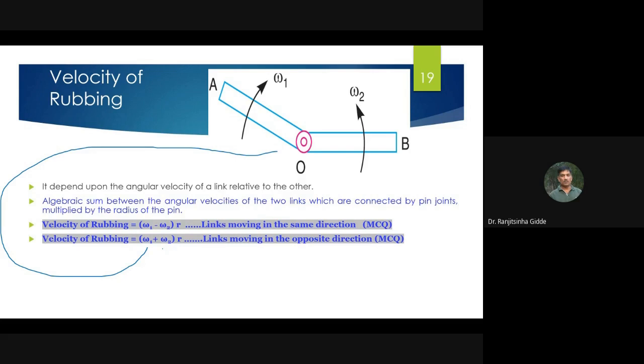So एक पिन सेंटरला असे दोन हातामध्ये तुमच्या एक रॉड घ्या and you can just rub the palm surface of the right hand in clockwise direction and the left hand in anti-clockwise direction. तर एका लिंकचं रबिंग प्लस दुसऱ्या लिंकचं रबिंग, त्या दोघांचं ऍडिशन होणं गरजेचं आहे, राईट?